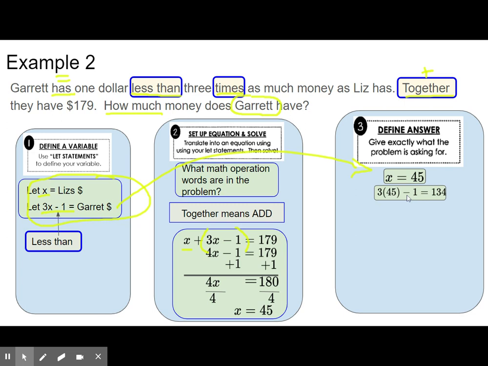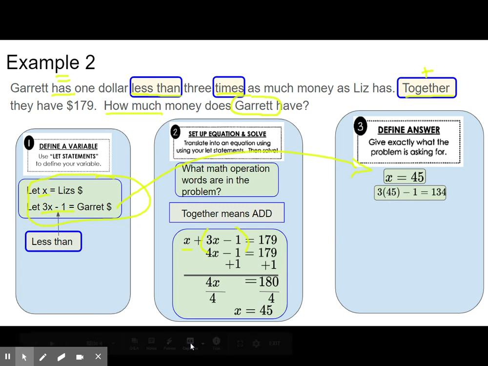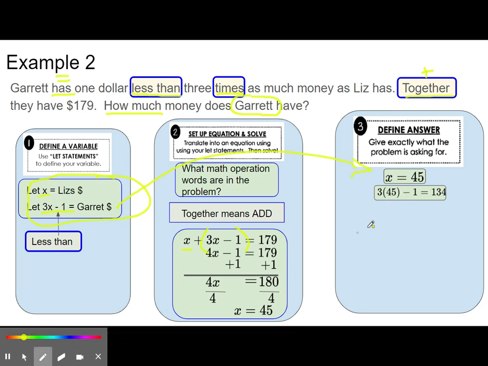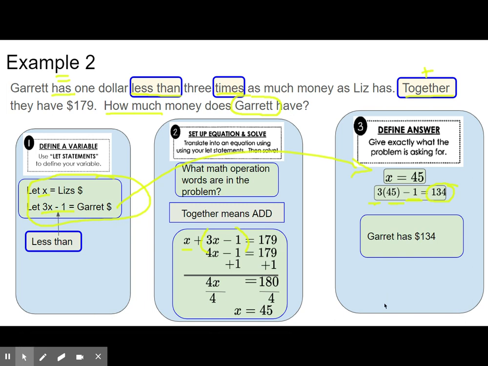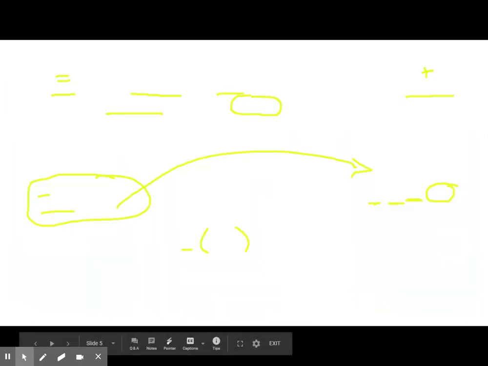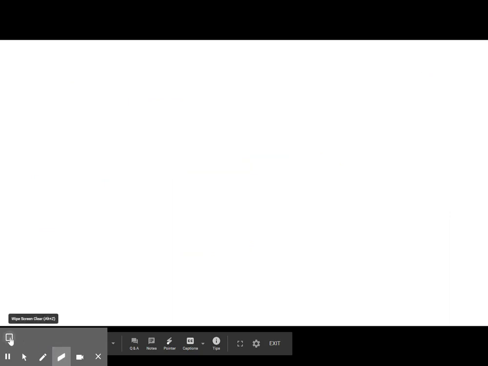Garrett had 1 less than 3 times Liz right here. There you go. Bam. Garrett has $134. That is the answer to your question. All right, one more example. Let's clear this off. Bye.